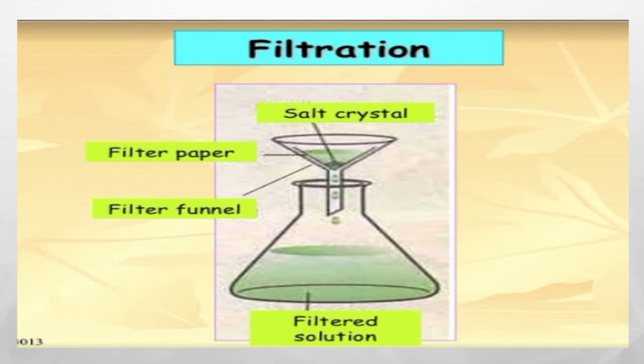For example, sand and water can be separated by filtration. When you pour a mixture of sand and water through filter paper, water will pass through and sand will remain on the filter paper, and you can get clear water easily.